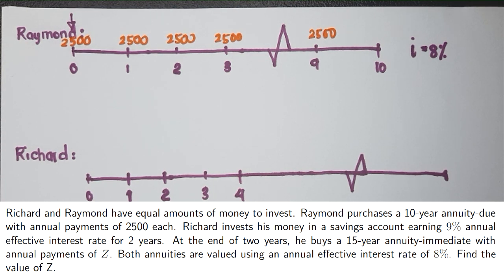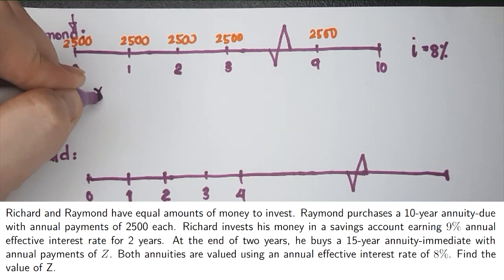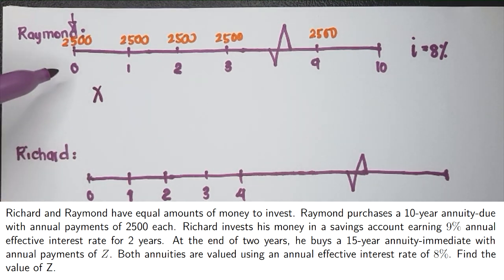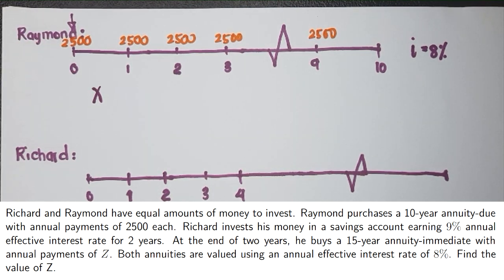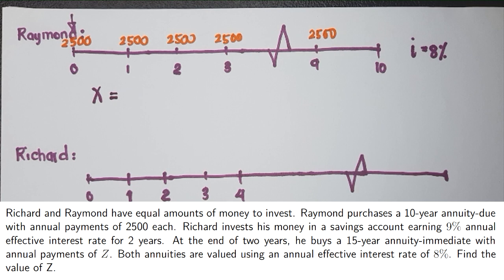Actually, we don't know. We only know that Raymond and Richard have equal amounts of money to invest. Since we don't know, we can let that be X. So the money Raymond pays out is X. He pays it out at time 0 because he will buy that 10-year annuity due. Right? After he buys it, this is the money he paid out, this is the value at time 0, and it is equal to the money coming in to him.